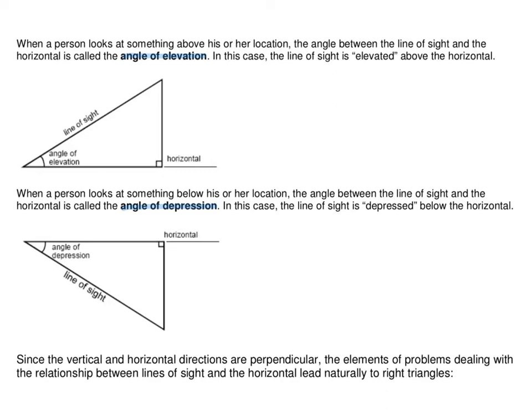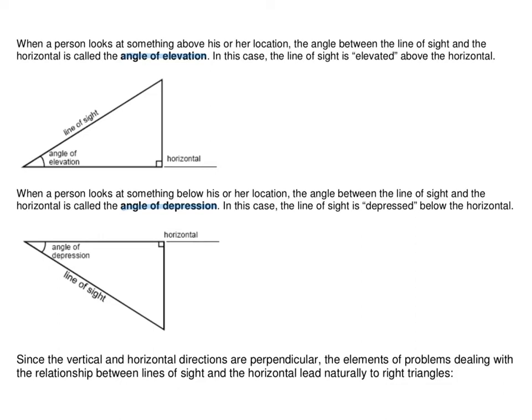When a person looks at something above his or her location, the angle between the line of sight and the horizontal is called the angle of elevation. In this case, the line of sight is elevated above the horizontal.